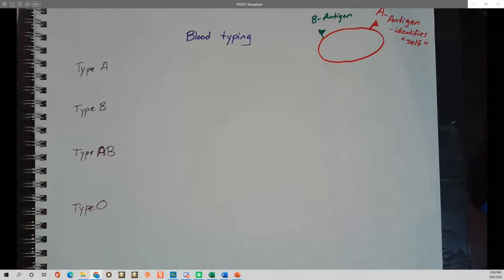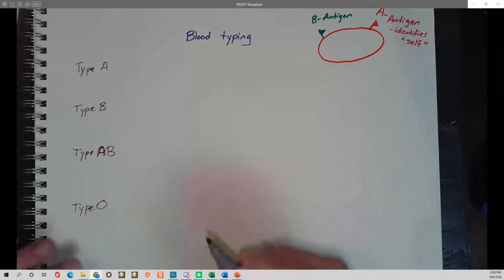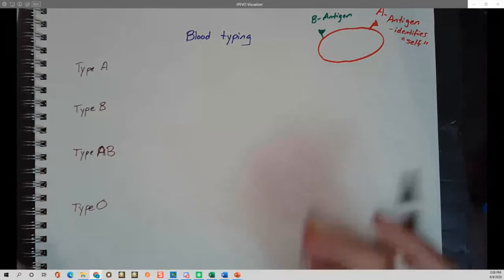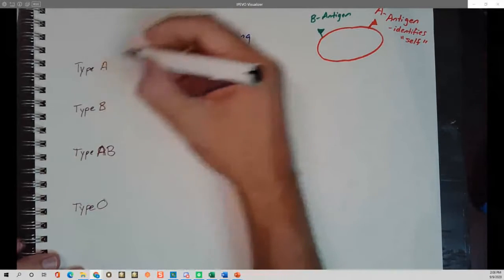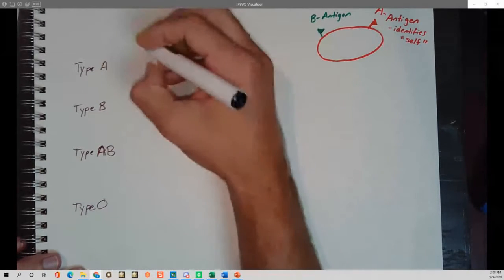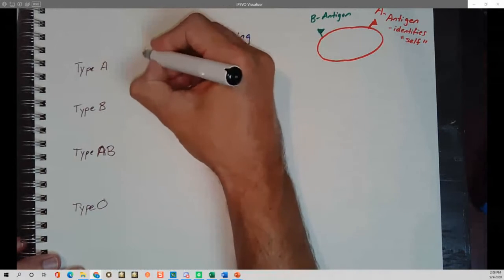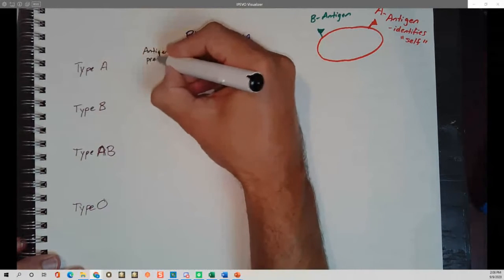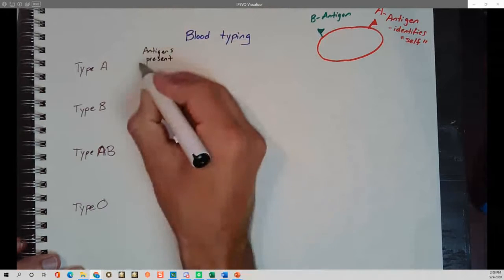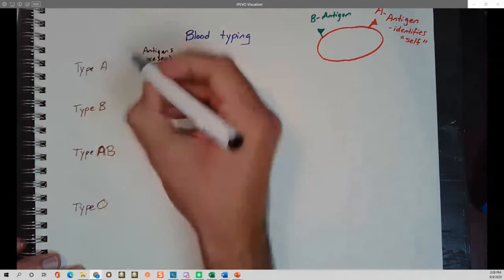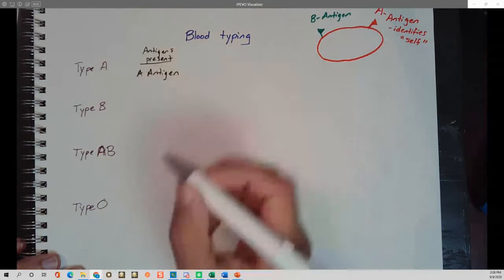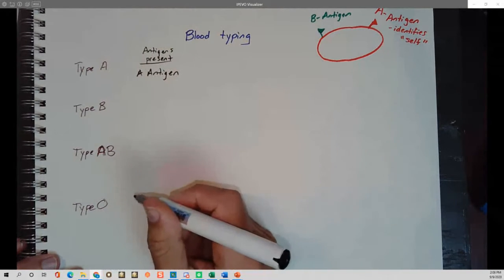So if I want to start writing a table that helps me put this into a comprehensive study guide, I can say type A, and let's put a column in here that says antigens present. What antigens are found in type A? It's the A antigen. Don't just write A. Nothing irritates me more.